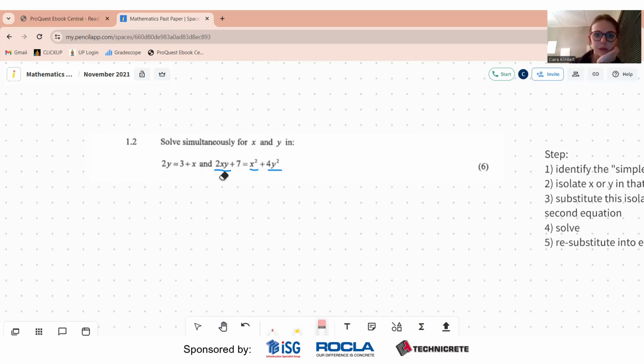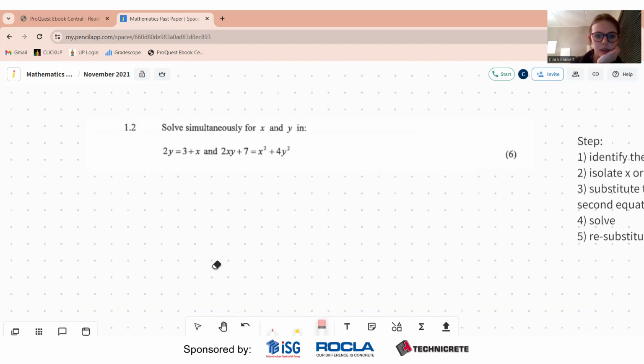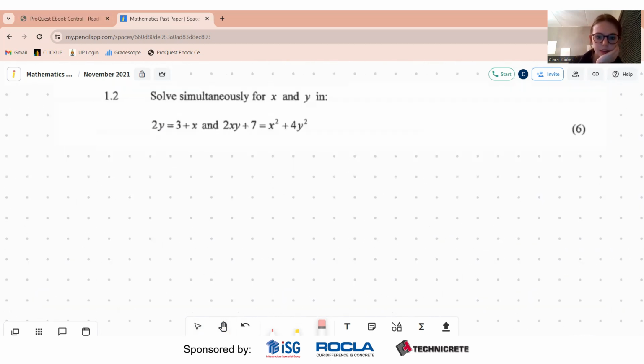So what I like to do when I begin these equations, just so I keep track of everything, is I like to start by writing equation 1. Oh, sorry about that. That doesn't look very nice.